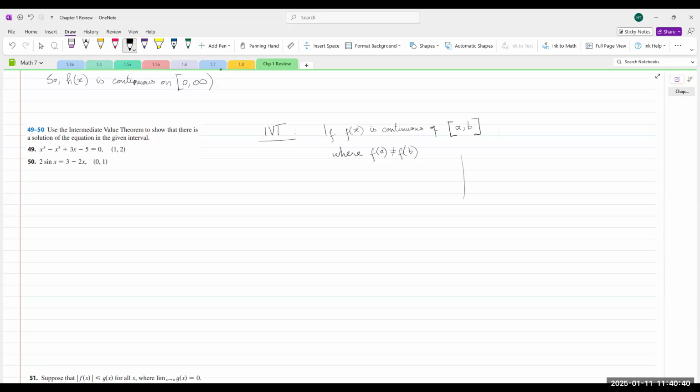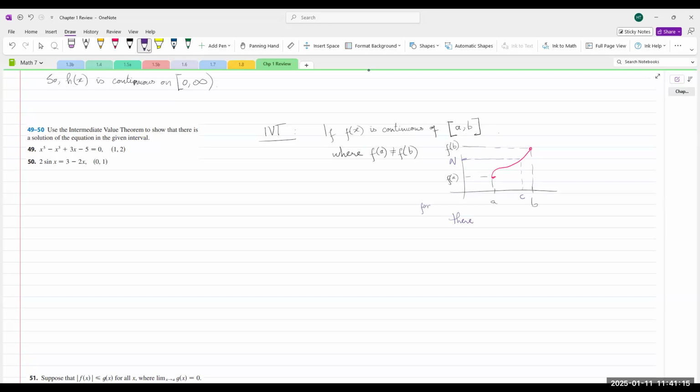try to visualize that. So let's say this is a, this is b, and the values of the function are different. Okay, then whatever number you choose in between, there must be a c in that interval [a, b].